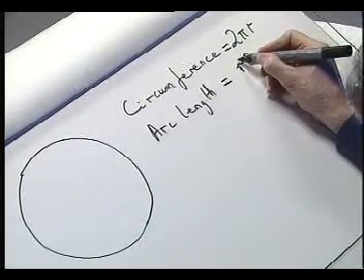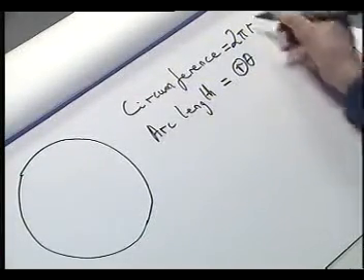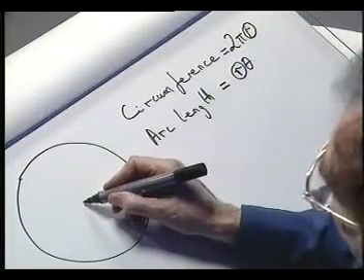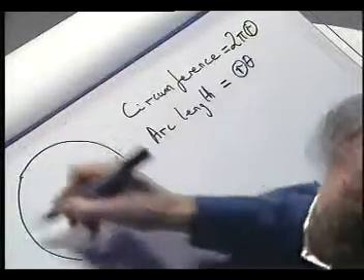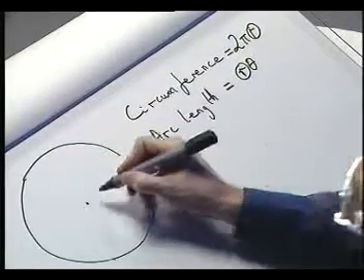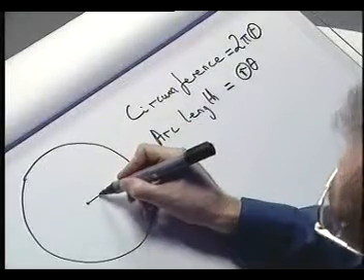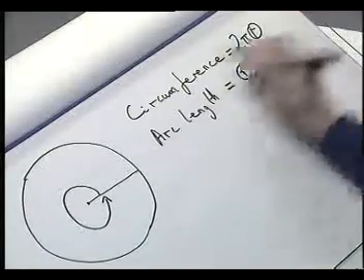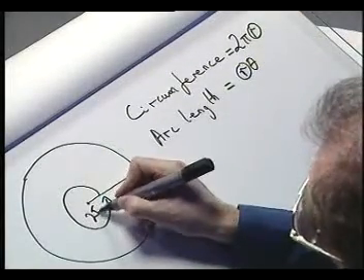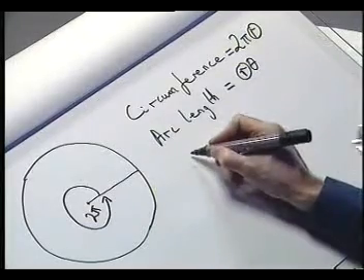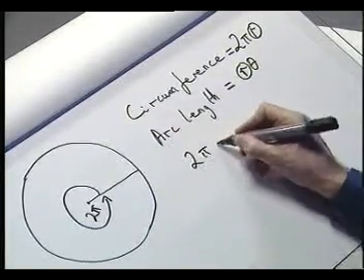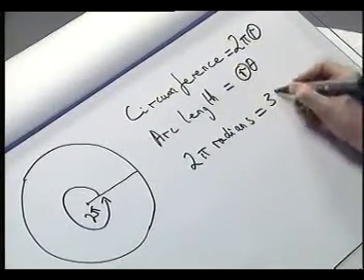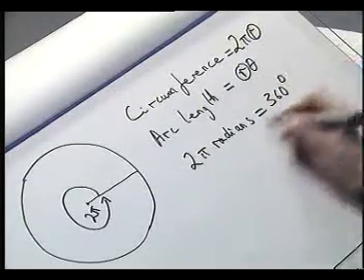Well, here's r and here is r. And what that means is that for this circle, the distance all the way round is 2 pi r, and therefore the angle in radians all the way round is this number here, 2 pi. So what we've got is that 2 pi radians is exactly the same as 360 degrees.